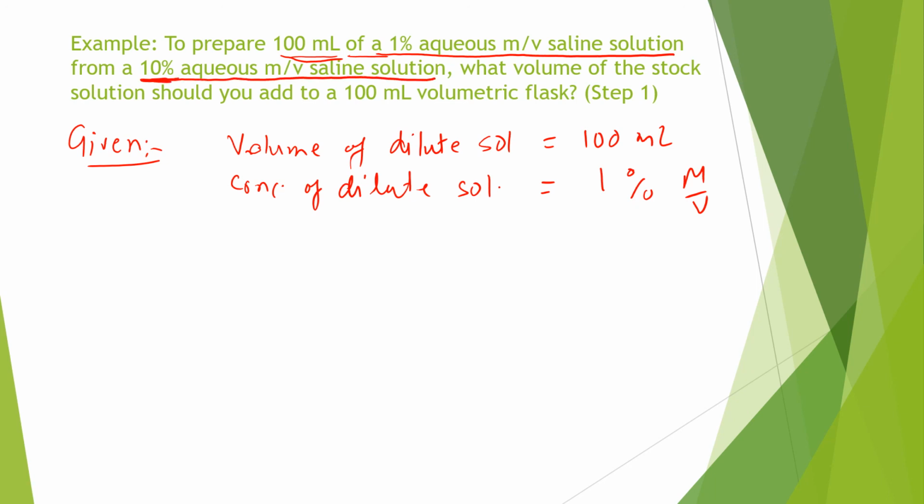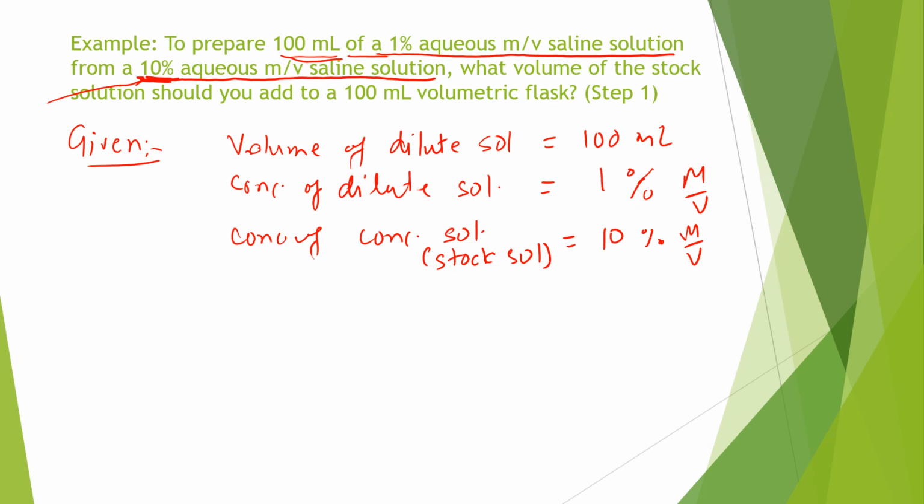So this is the concentration of stock solution. So 10% is more concentrated. Therefore the concentration of concentrated solution, which is also known as stock solution, C1 equals 10%. So what we are trying to do here is dilute 10% stock solution to prepare 1% dilute solution.